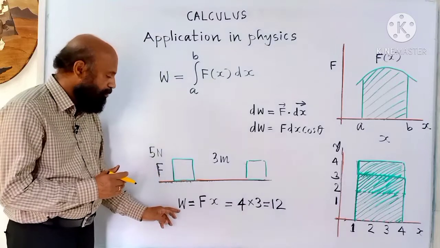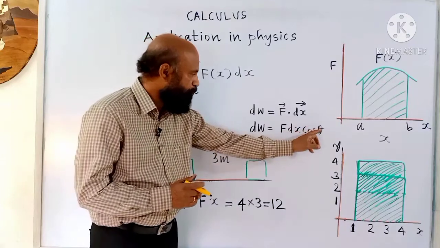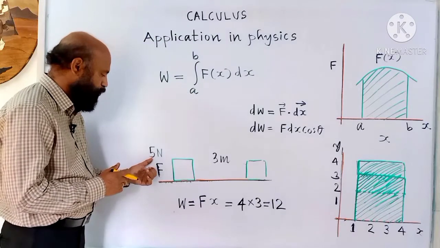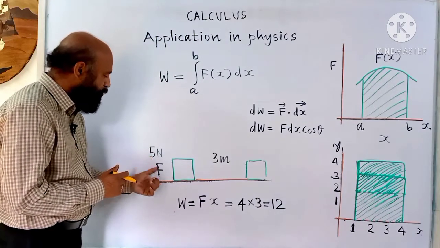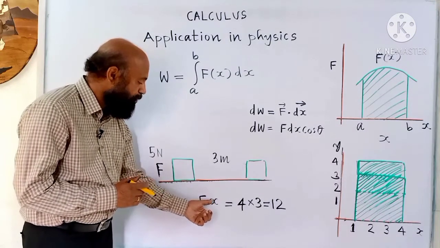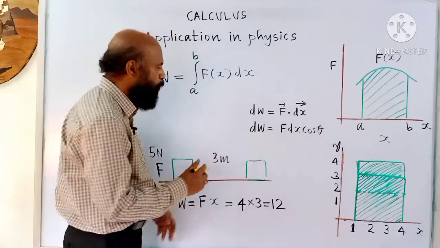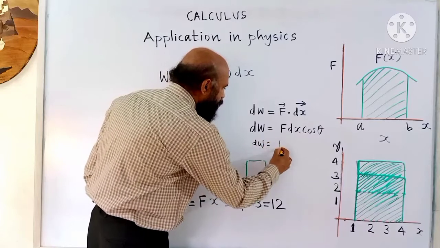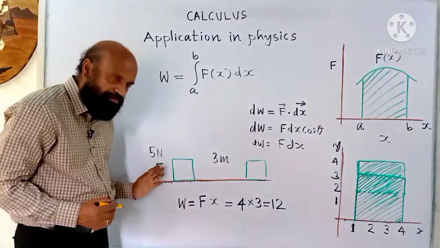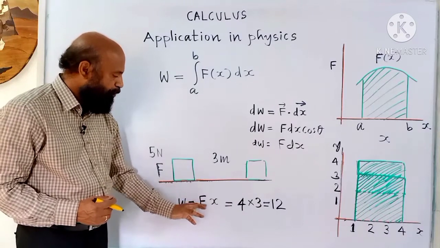Then work done is F into x, because in this case theta is 0, cos 0 is 1, so dW is F into dx. Here the force is a constant force, so we can multiply F into x, Fx. When force is constant and force and displacement are in the same direction, we can write F into x.